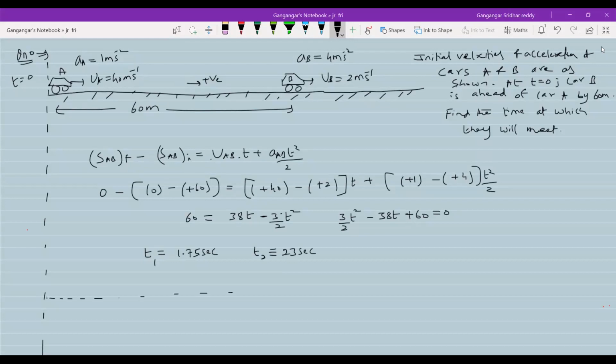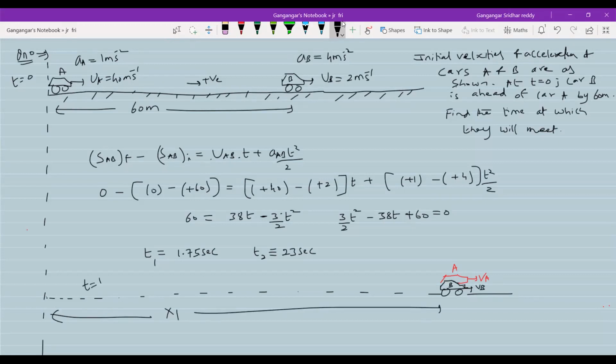Somewhere here, so there's car B. This is one position, no? So this position you call this x1. This is at time t1.